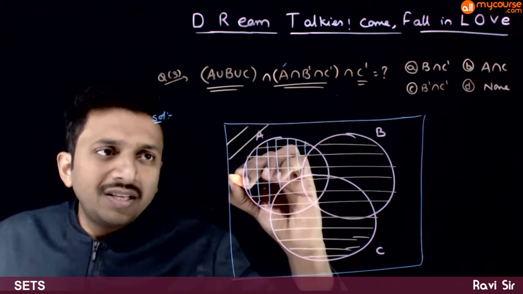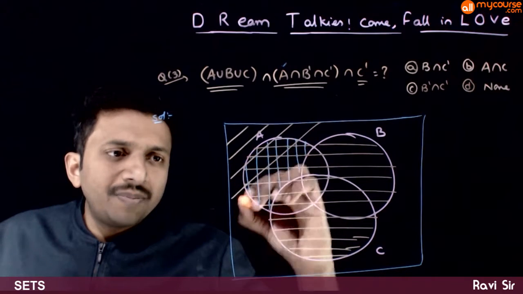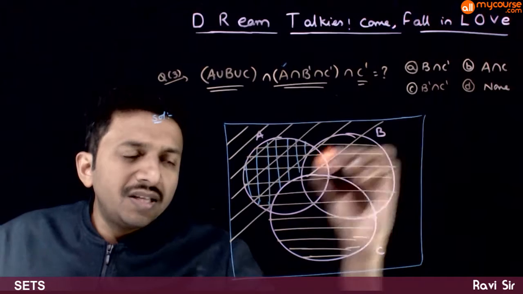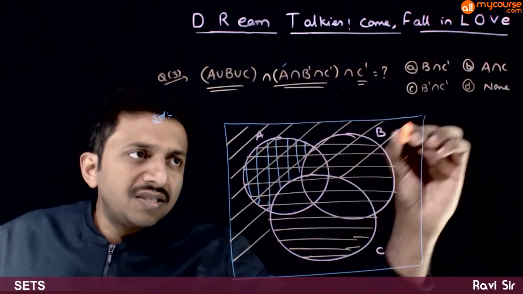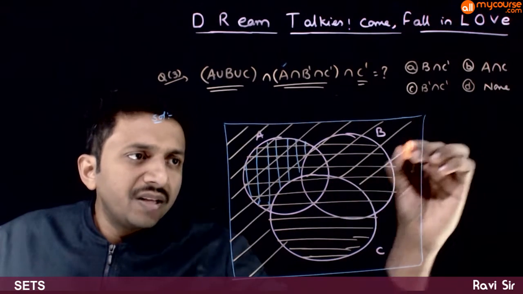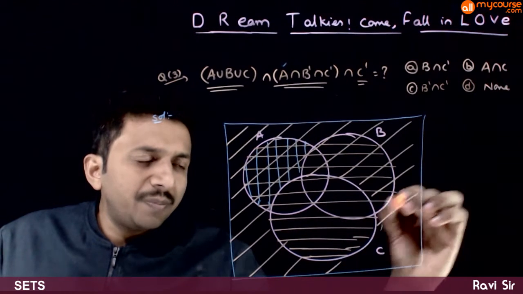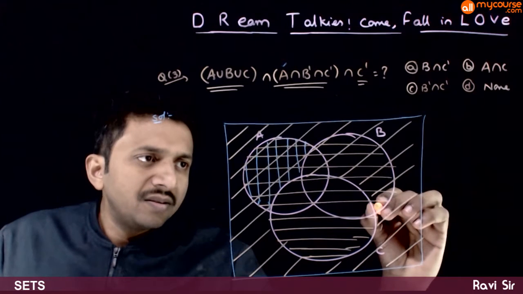So all the region except that region corresponding to C. If we just leave C, we just need to shade the whole region except C.